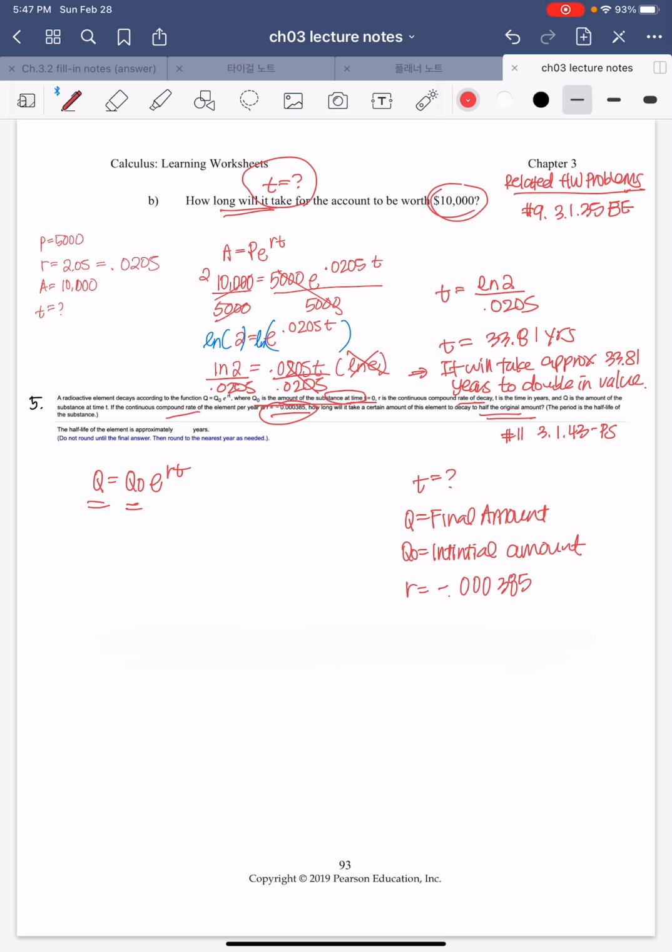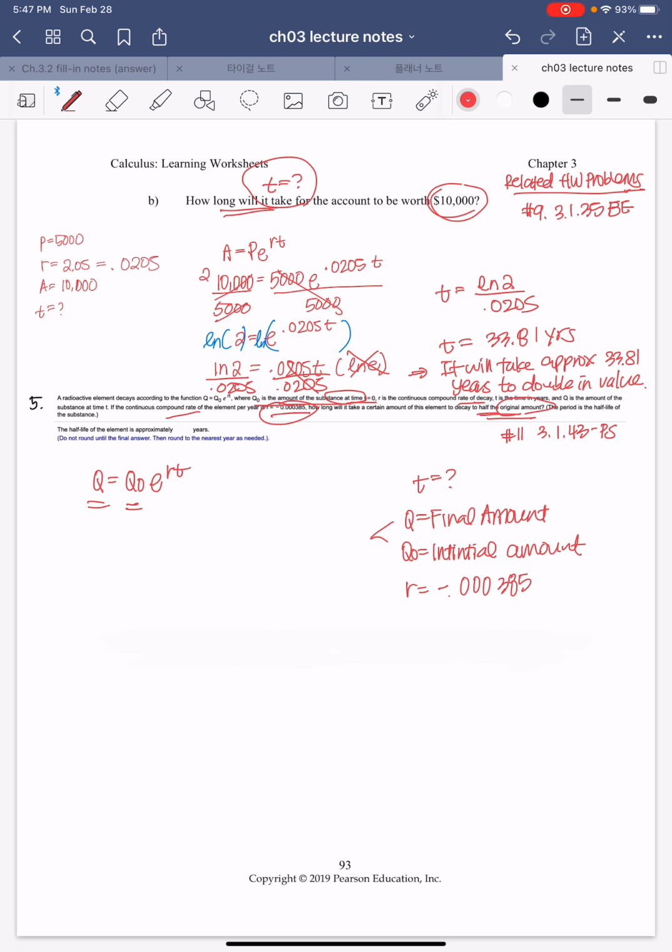All right. What else? Here is where you have to decide Q and Q sub 0. Whatever the original amount was, at the end you want half of it. So let's do the labeling. You want the final amount to be half of the initial amount.